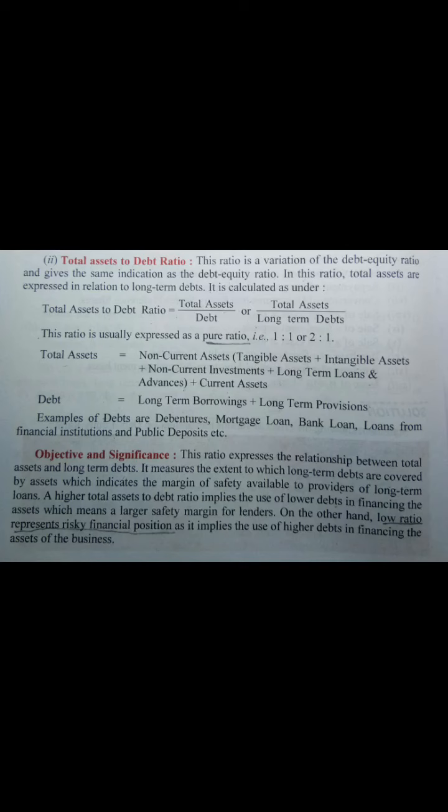In non-current assets, we have to include all the tangible assets, all the fixed assets which we can touch; intangible assets, just like our goodwill, patents and copyrights; non-current investment, that means those investments which are made for more than 1 year; long-term loans and advances which are given by the firm to someone else; plus all the current assets, just like debtors, bills receivable, cash. All these comprise total assets.